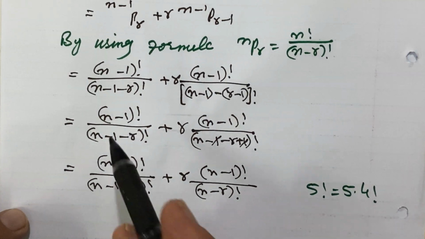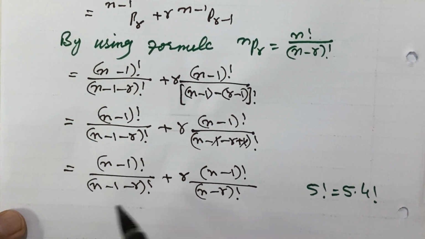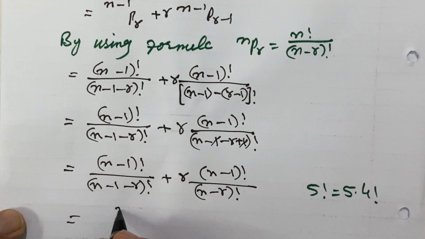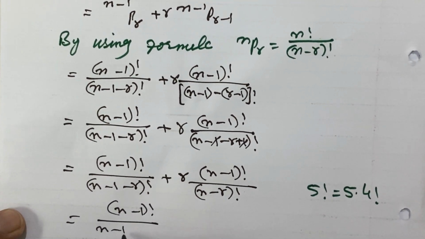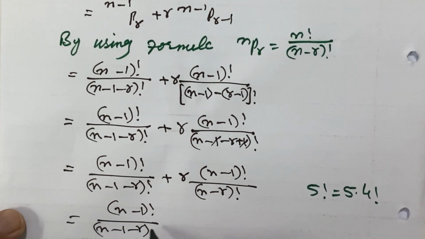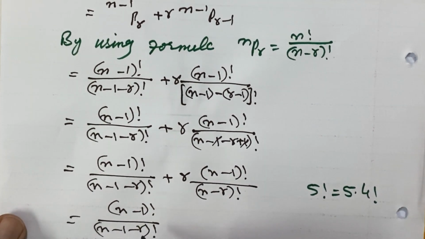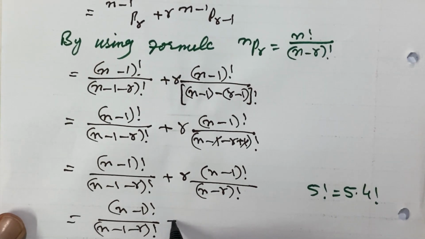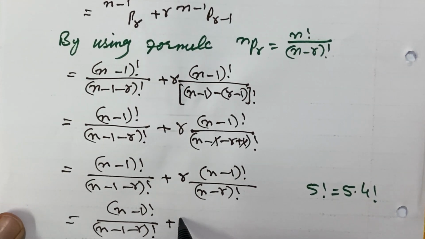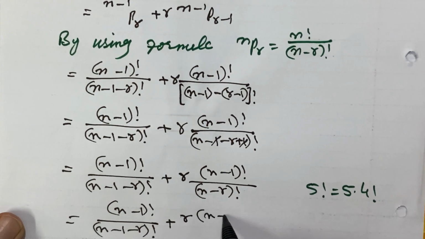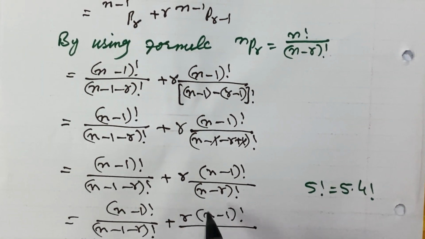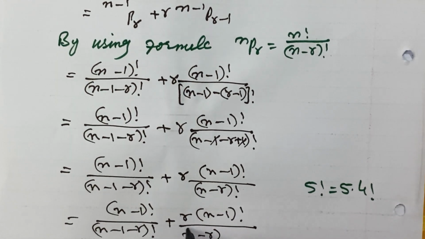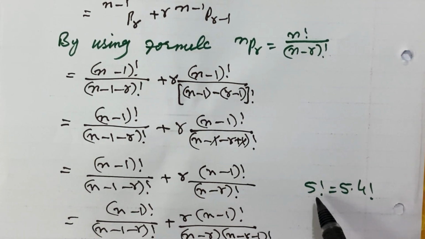Using this, (n minus 1) factorial over (n minus 1 minus r) factorial plus r times (n minus 1) factorial over (n minus r) into (n minus r minus 1) factorial. We have used this formula here.